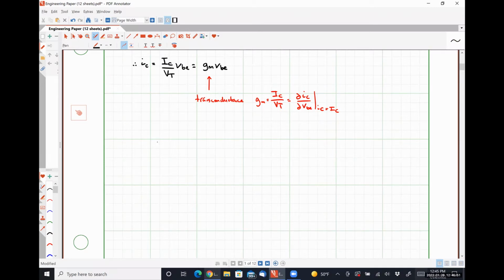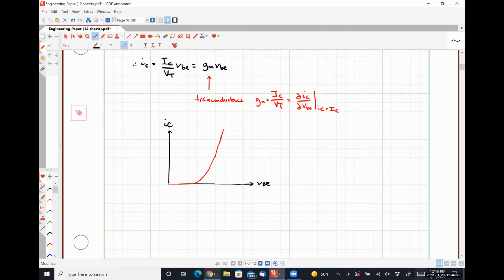If we have a plot of lowercase iC as a function of lowercase vBE, it should look something like this.